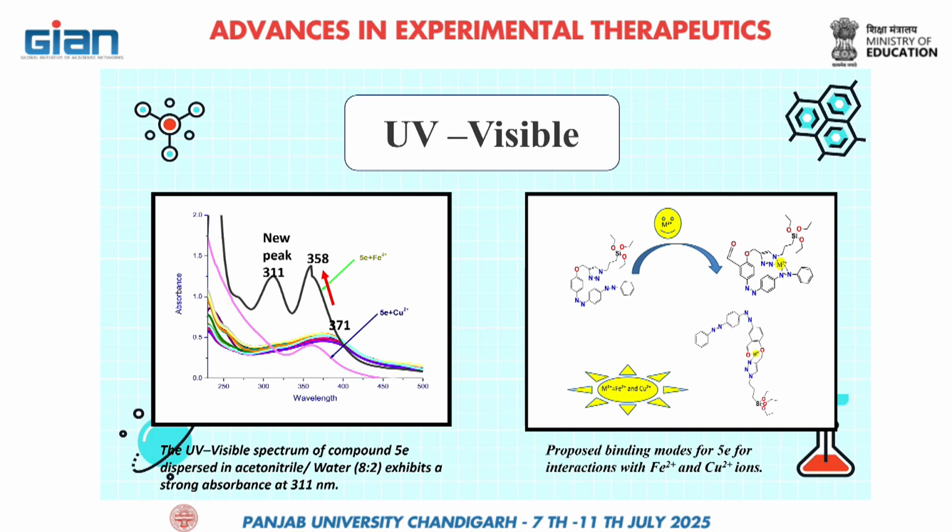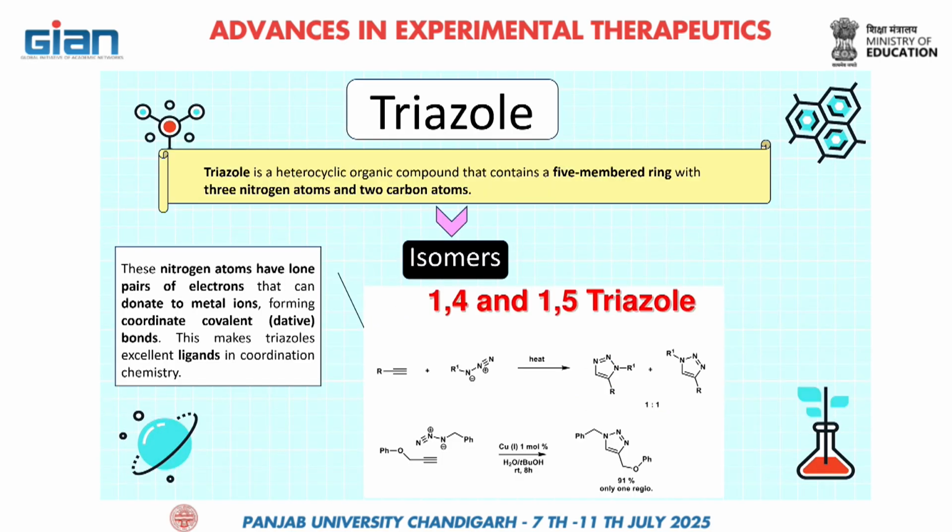When we looked at our ligand under UV-visible, on adding ferrous iron, there was a shifting of a peak from 371 to 358, and a new peak at 311 was generated, which shows that some sort of interaction between the metal and the ligand has happened. Now, moving ahead, triazole.